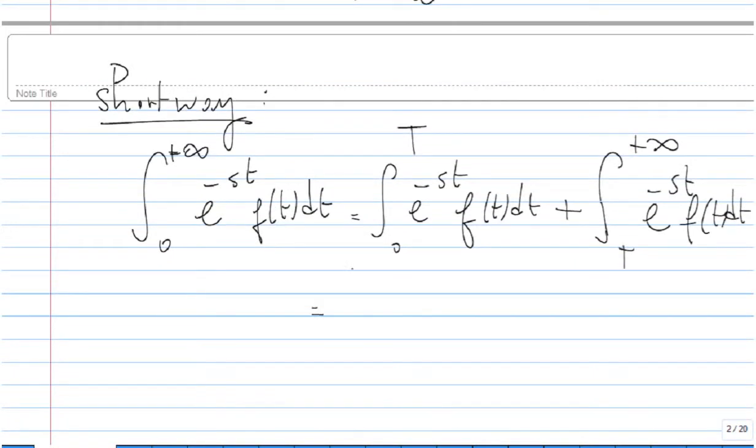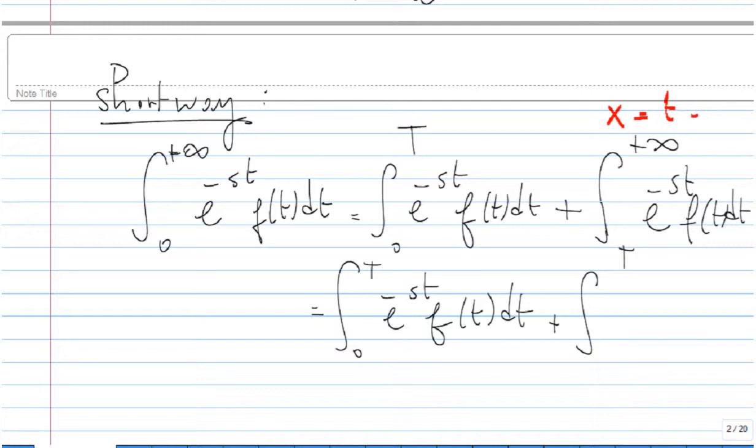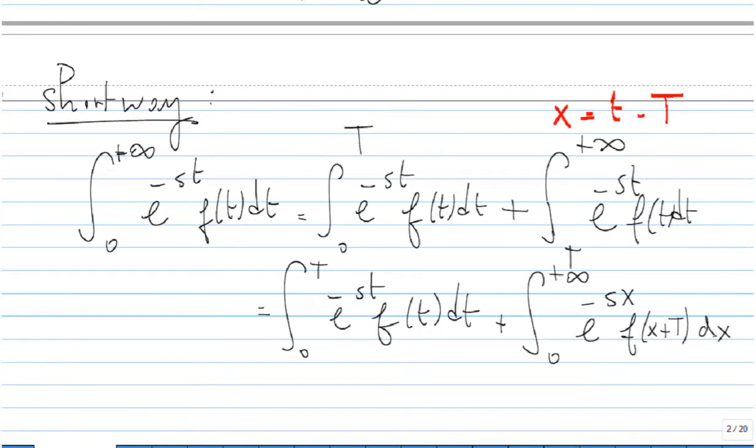So now we do a substitution. We take x equals t minus T, so we put x equals t minus capital T. We'll get that this is the integral from 0 to plus infinity of e to the minus sx f of x plus T dx. And since f is periodic, f of x plus T is equal to f of x.